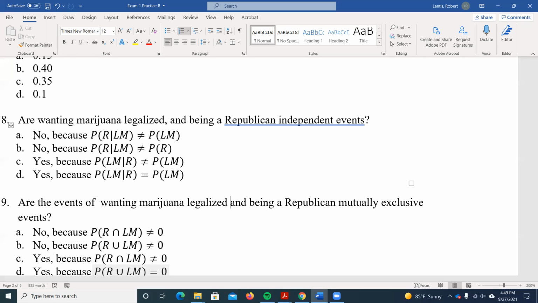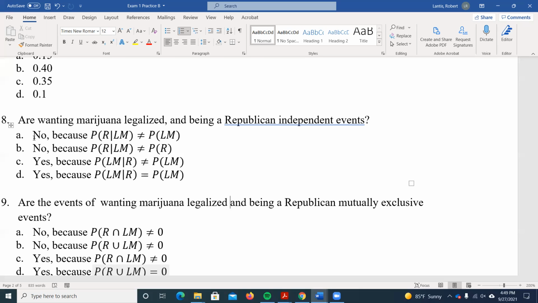So I said the conditional probability of LM given R was the intersection of those two events divided by the probability of what I'm conditioning on. So all I did there was, this is my law of independence, but for that conditional probability, I just plugged in that equation I know will give me the conditional probability.